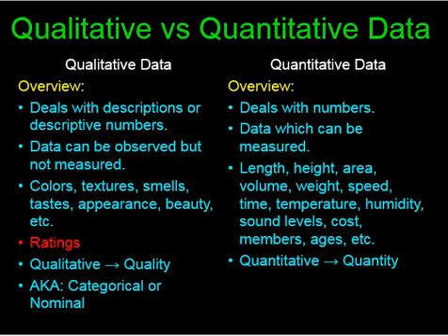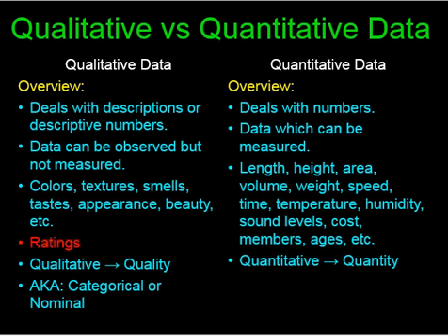There are two primary types of data, qualitative and quantitative. Qualitative data deals with descriptions or descriptive numbers. The data can be observed, but it cannot be measured.